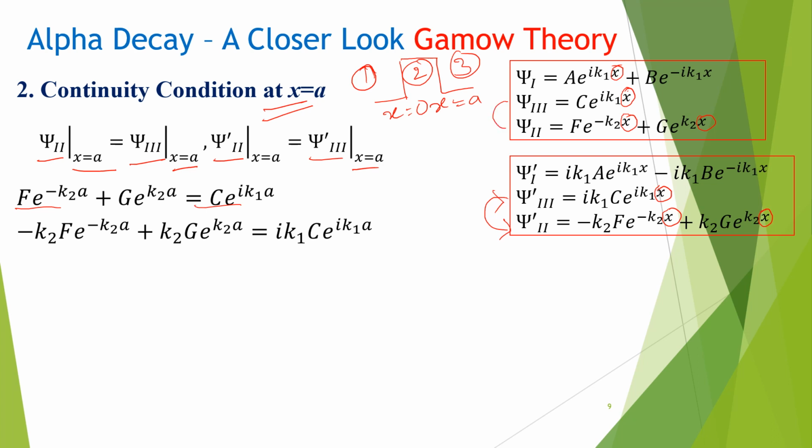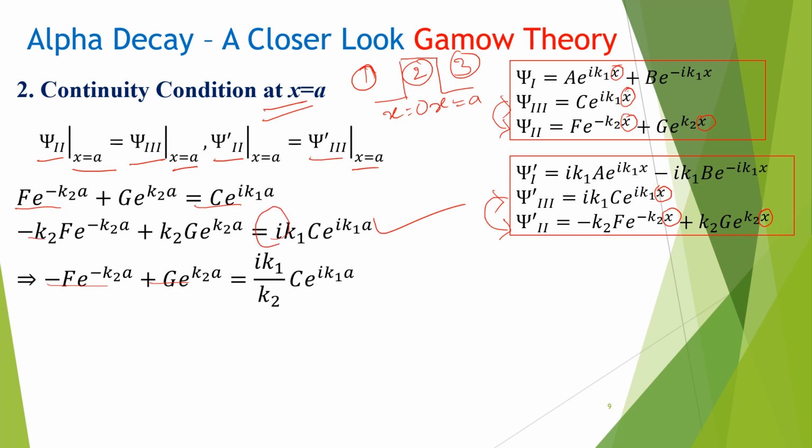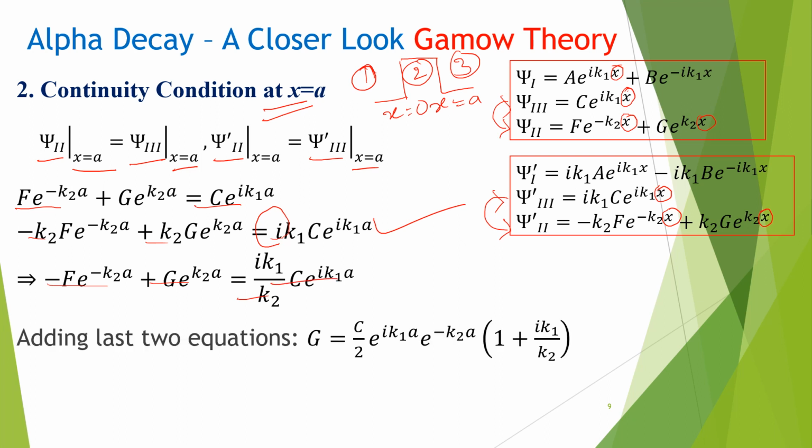Similarly, making psi3 dash equal to psi2 dash, earlier we have done this equality. So we get this equation, and we can rearrange it: minus f e to the power minus k2a plus g into e to the power k2a is equal to ik1 upon k2 times c into e to the power i k1a.